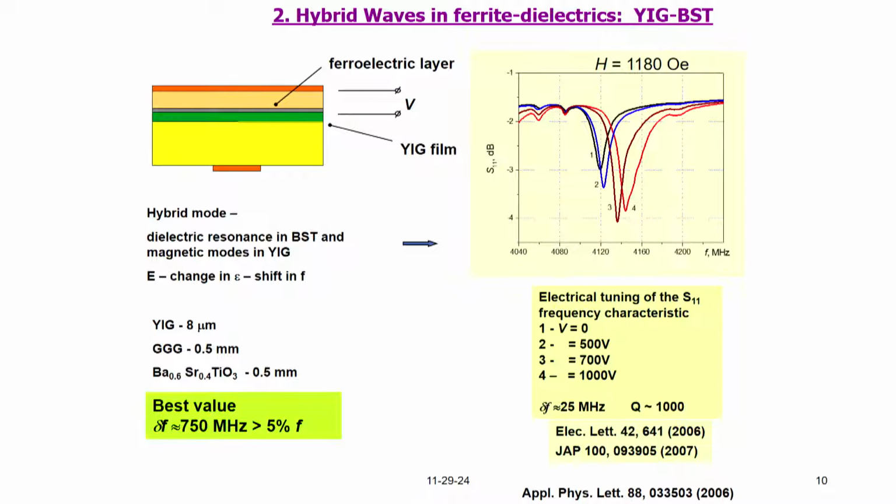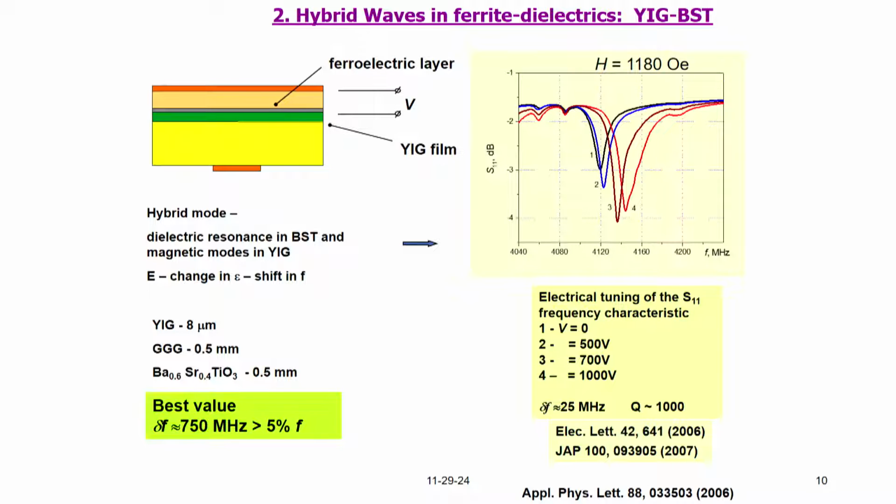So, what you see here is a magnetic mode in combination with dielectric resonance in BST, which is the hybrid mode that is represented by 1. As you increase the voltage across BST, the dielectric constant in BST changes.